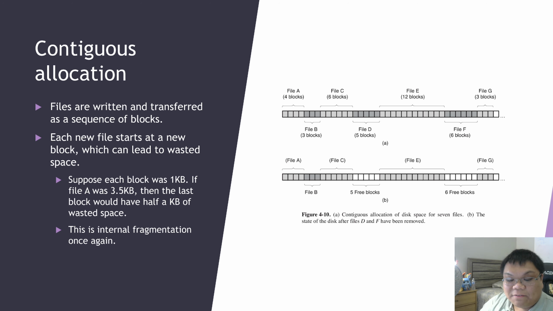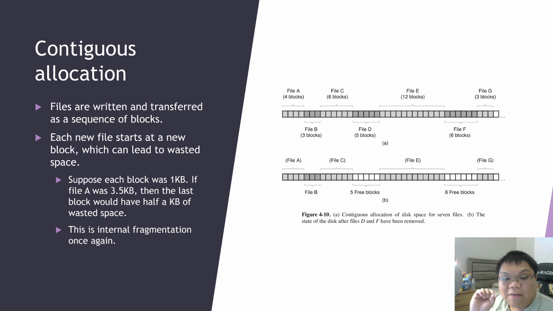So that half kilobyte at the end of that last file, when we store a 3.5 kilobyte file in a space of 4 blocks, that last block, which has half a kilobyte of unused space, becomes wasted space. We can't use it. This is called internal fragmentation.